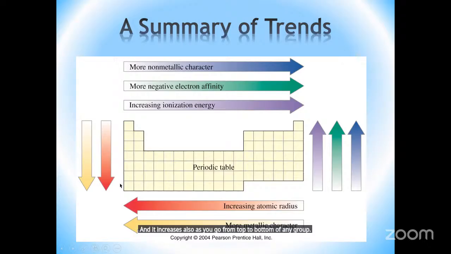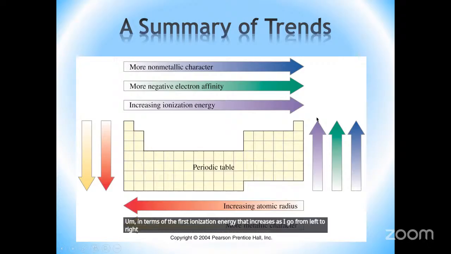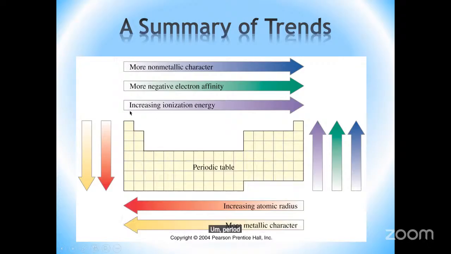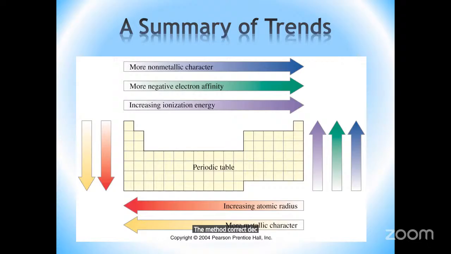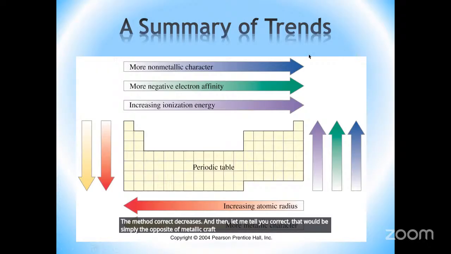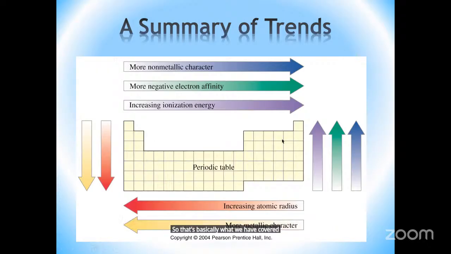In terms of the first ionization energy, that increases as you go from left to right of any period, and decreases as you go from top to bottom of any group. In terms of metallic character, basically that follows the atomic sizes, right? So again, as you go down any group, the metallic character increases. As you go from left to right of any period, the metallic character decreases, and then non-metallic character would be simply the opposite of metallic character, all right? So that's basically what we have covered so far in this chapter.